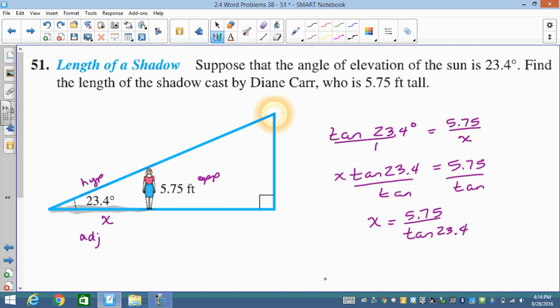We throw this into the calculator and we get 13.287. Significant digits on this one is 3, so we want 3 here, 13.3.